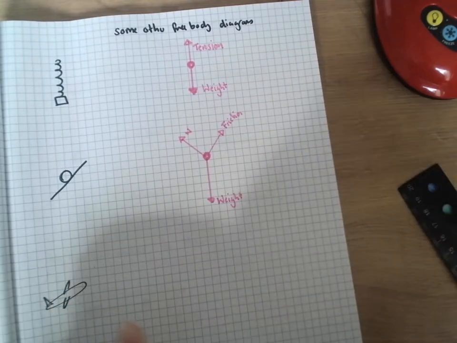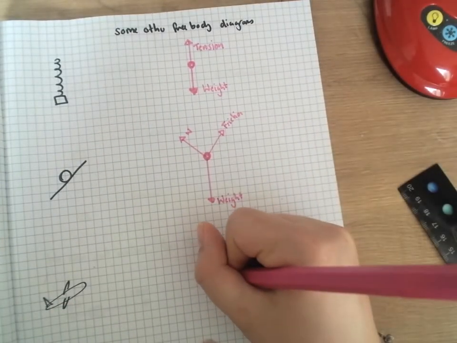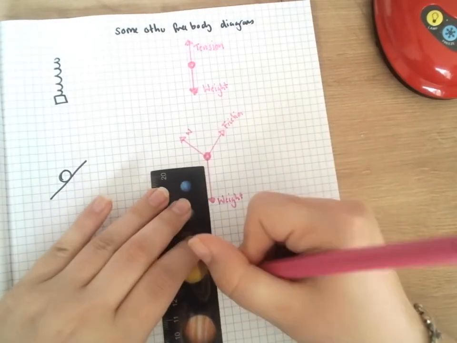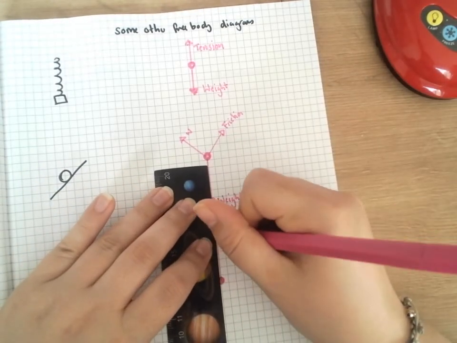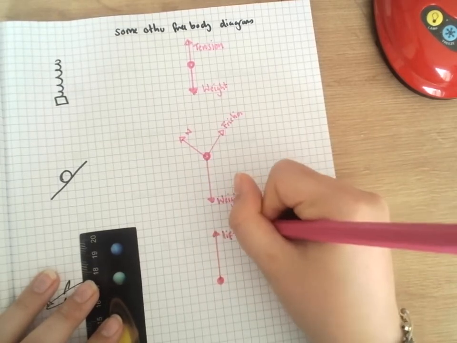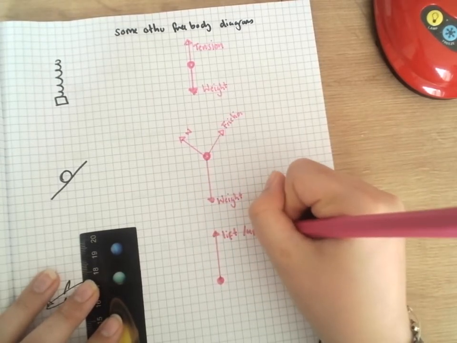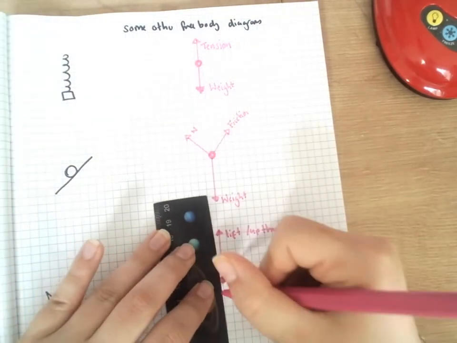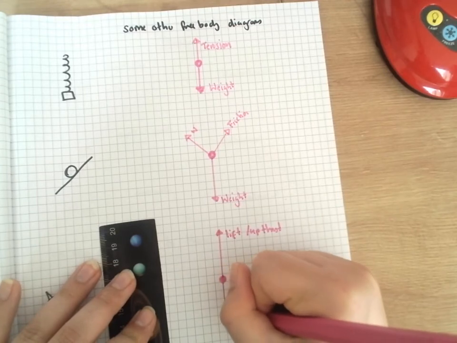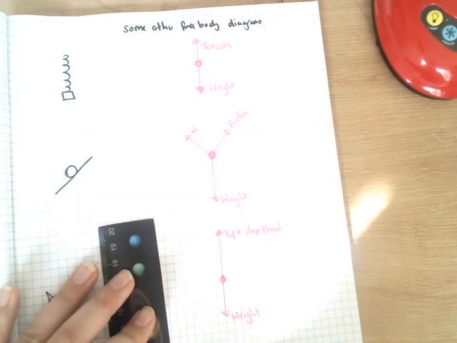Now the next one is a plane taking off. If I have a plane taking off, the force that is going to be bigger at this moment is going to be lift. Also, you could have called it upthrust. Again, I'm just going to have some weight, still trying to pull that plane down.